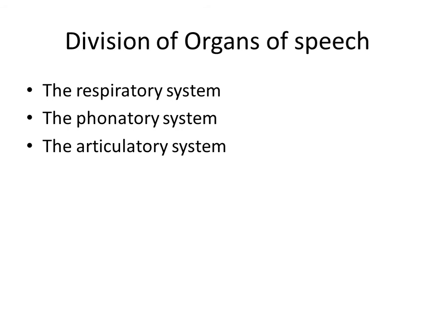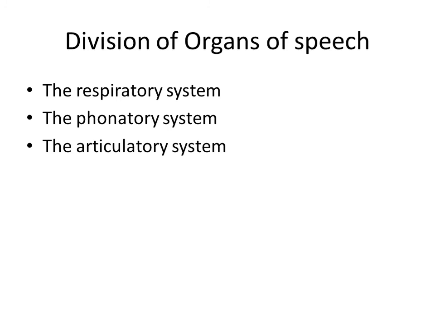So the organs of speech, division of organs of speech. There is the respiratory system, the chest and the lungs. Then the phonatory system, which is there in our throat: glottis, vocal cords, larynx, all these are the phonatory system.